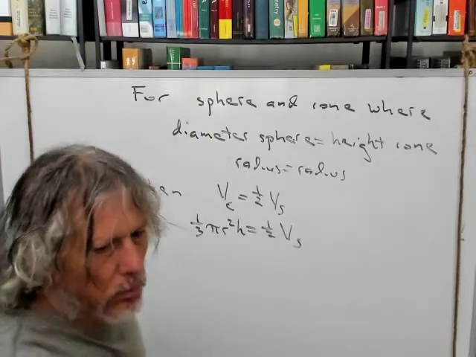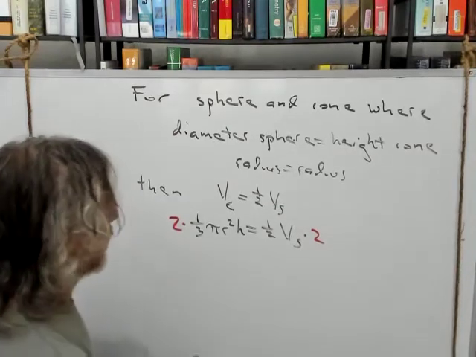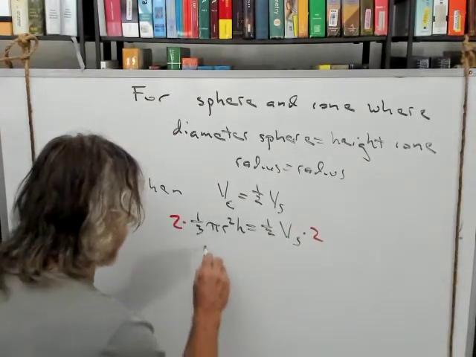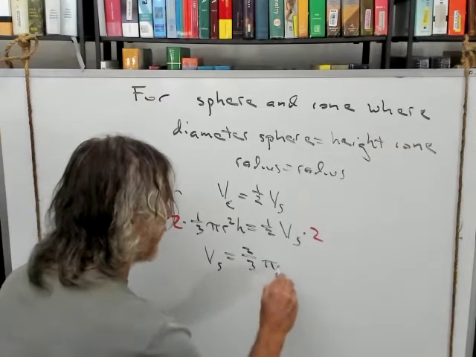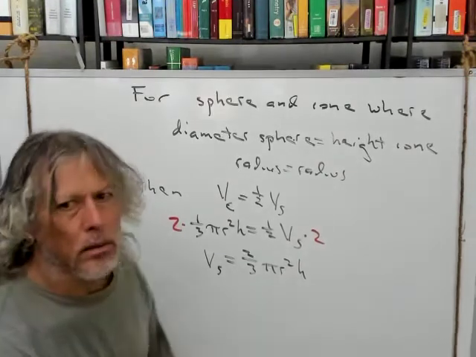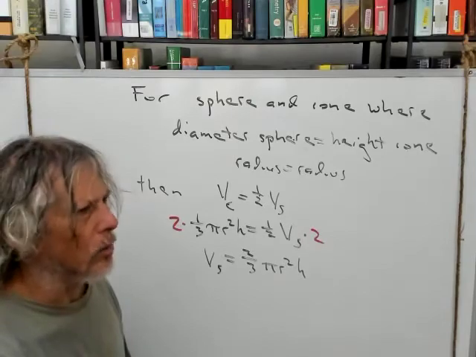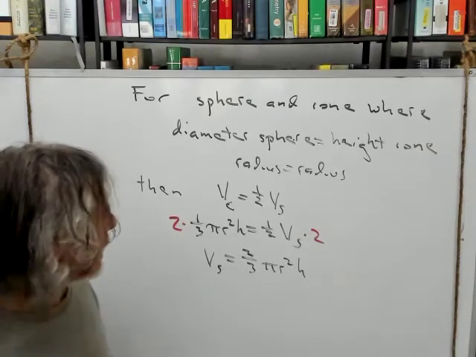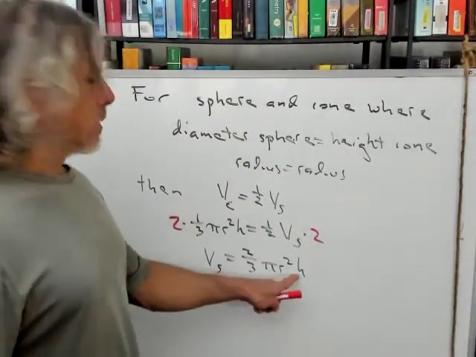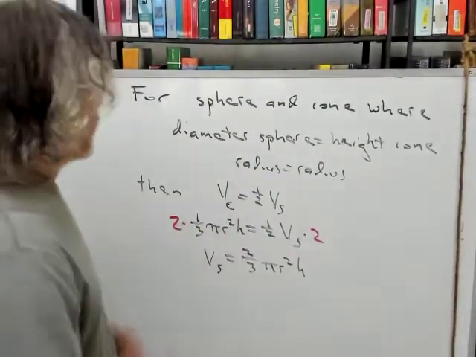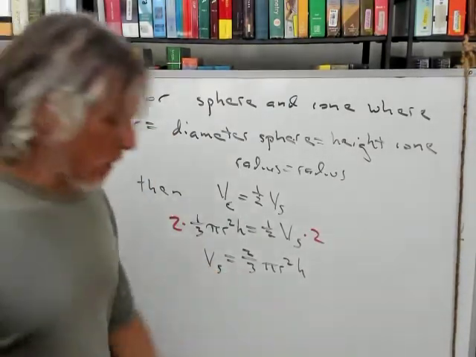And so that's just the volume of the sphere. 1/3 2 times is 2/3. So we got 2/3 pi r squared h so far, but we don't really talk about a height with a sphere. So we need to change that. The height, remember, was the diameter of the sphere. So h for the cone is the diameter of the sphere, and our diameter is 2r. So we can put a 2r in place of that.